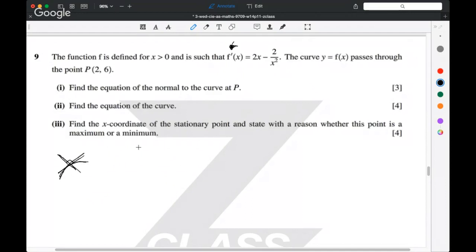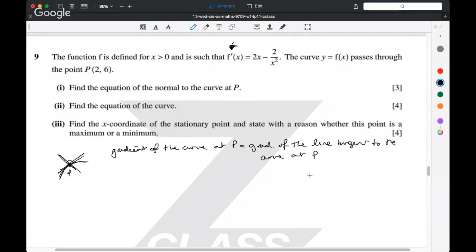So if I have some point P, the gradient of the curve at P is equal to the gradient of the line tangent to the curve at P. I mean, that makes sense, right?